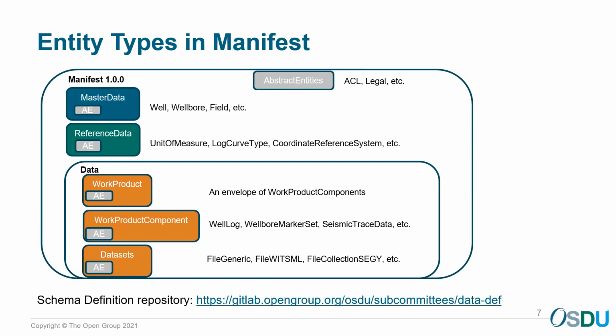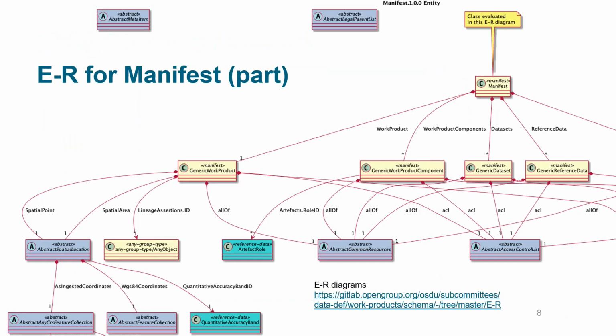Every entity can be composed of one or more abstract entities. In this example, the abstract entities are ACLs, legal, and so on. The colored boxes represent kinds, and to the right, you can see the examples. This is an entity relationship diagram. It shows the generic entities and their relationships within a manifest.